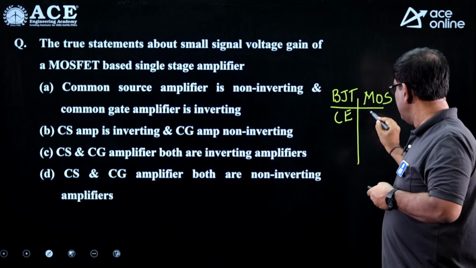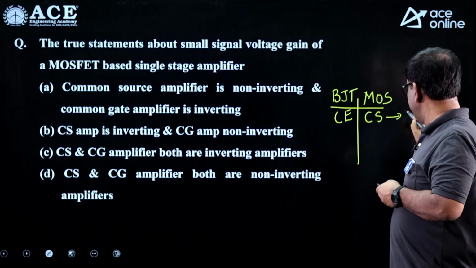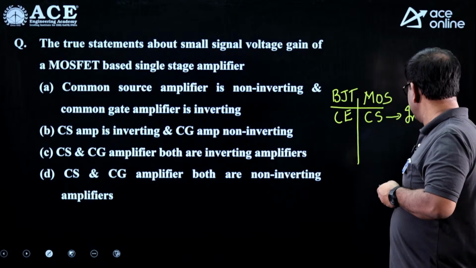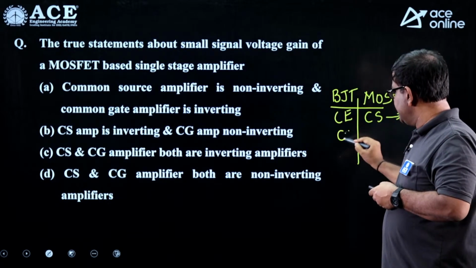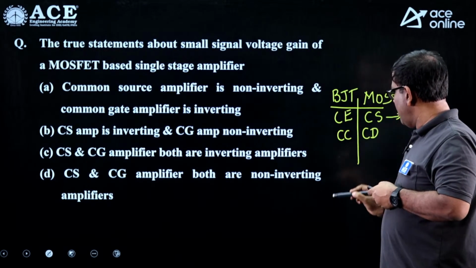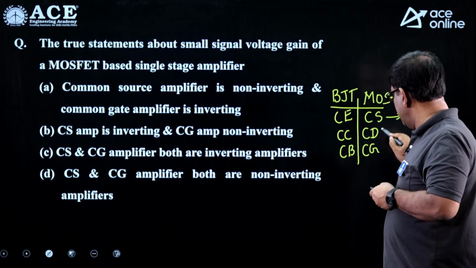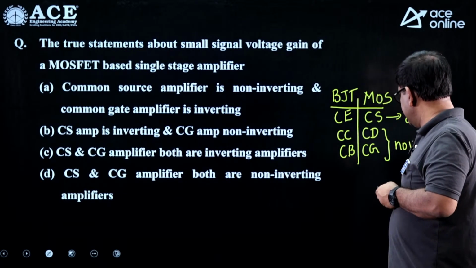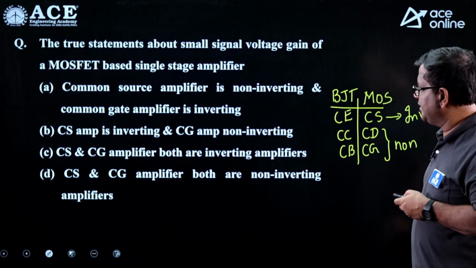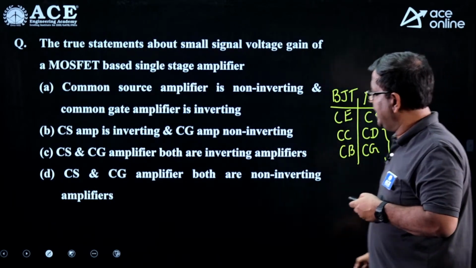Common emitter or common source will give 180 degrees, so it is inverting. The other two configurations, common collector or common drain, common base or common gate, are non-inverting, meaning they don't give phase shift. Now we will see which option is correct.